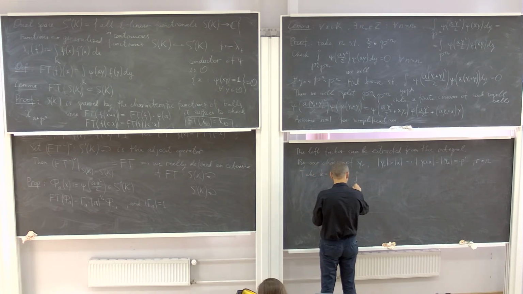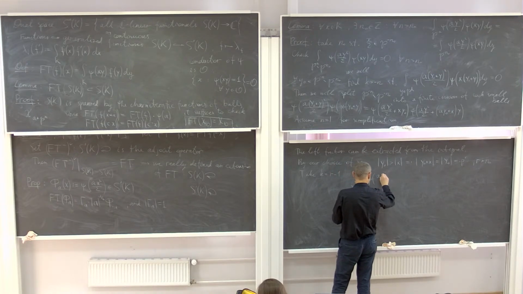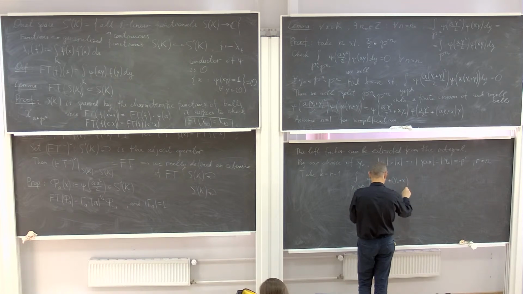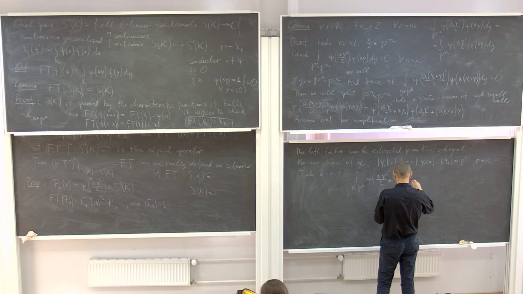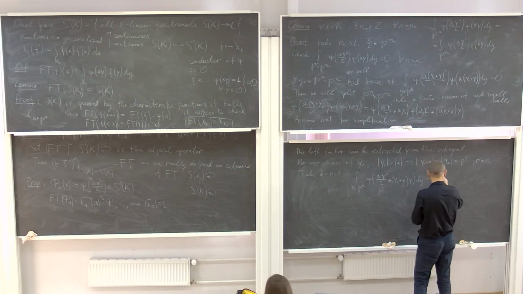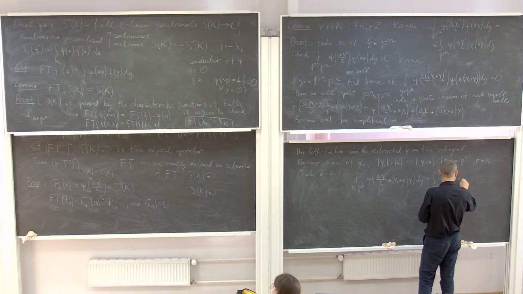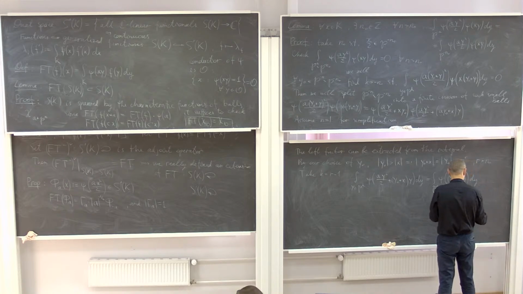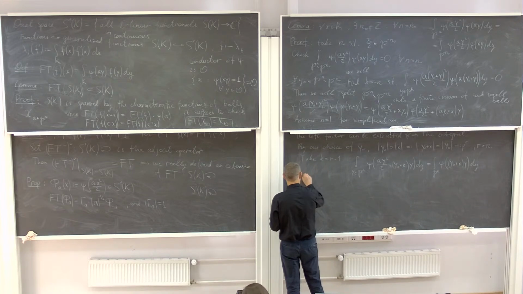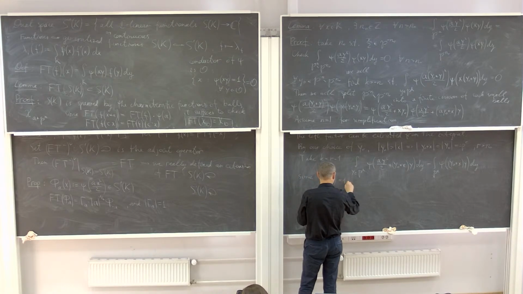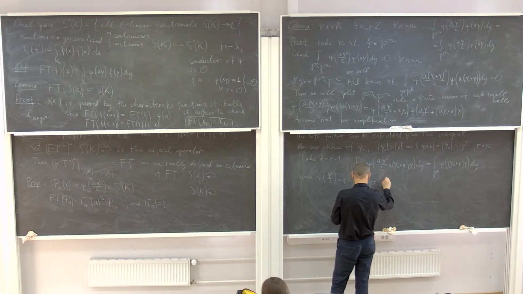Then we'll have the integral over p to the k of psi of a y squared over 2 plus (a y0 plus x) times y dy, and this is the integral over p to the k of psi of (a y0 plus x) times y dy, since psi of a y squared over 2 is 1 for y in p to the power k.